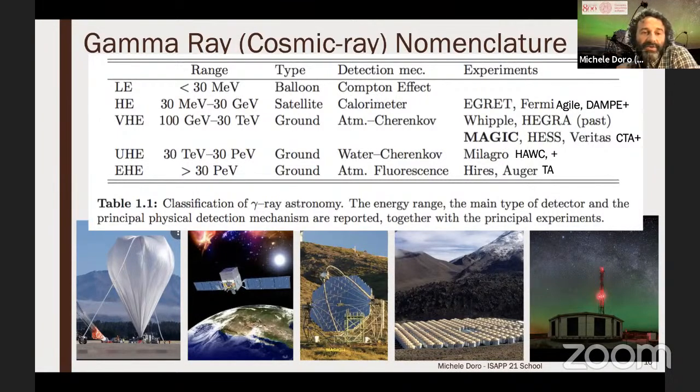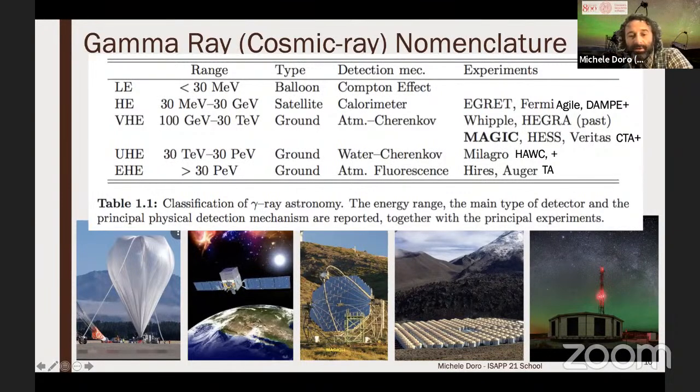We call high energy gamma rays those between 30 MeV and 30 GeV, roughly. This is not a hard classification. And there you have to go through satellites, like Fermi, in which you can start to have calorimeter measurement because you have pair production. We have very high energy now from 100 GeV to 30 TeV, and so on. We have ultra high energy and then extremely high energies.